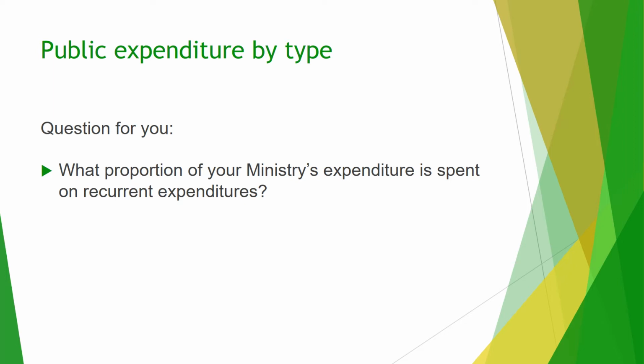This is based on some examples of countries in the UIS database. It may differ from one country to the next, but it's quite typical for it to be in that order.